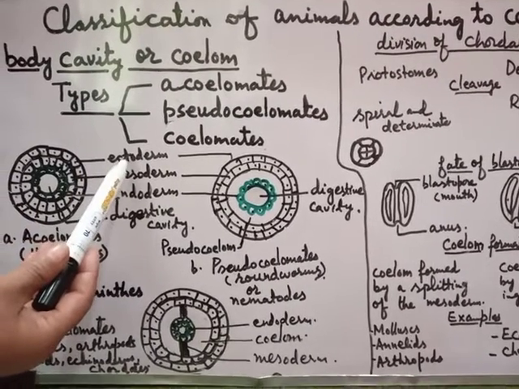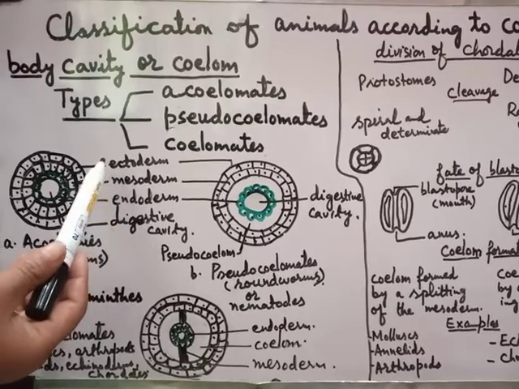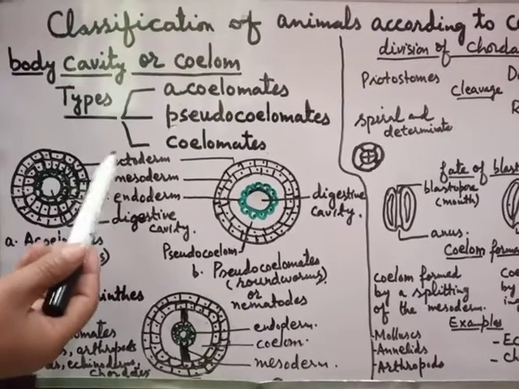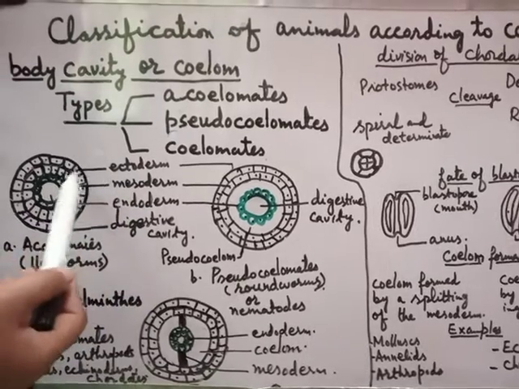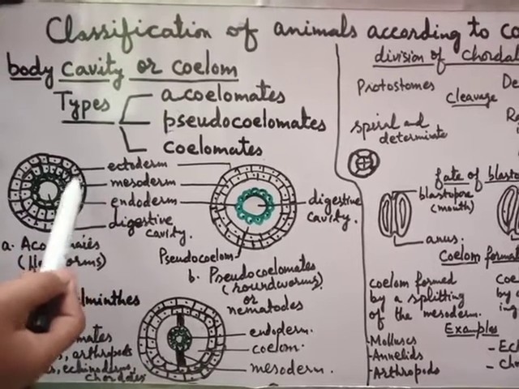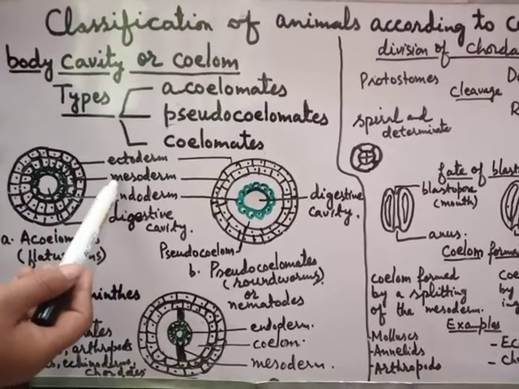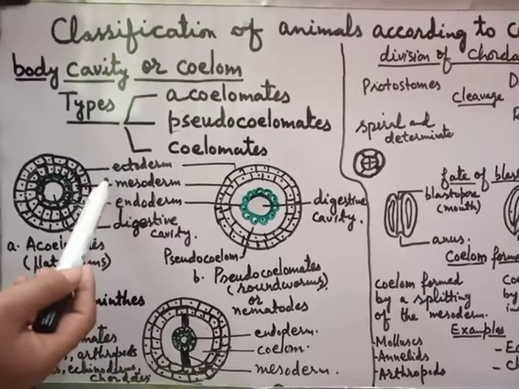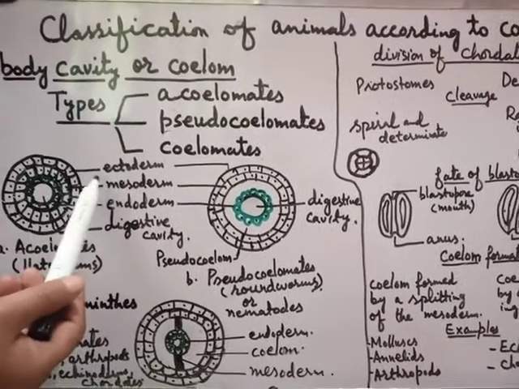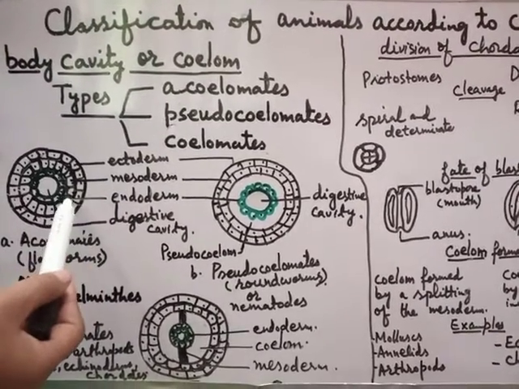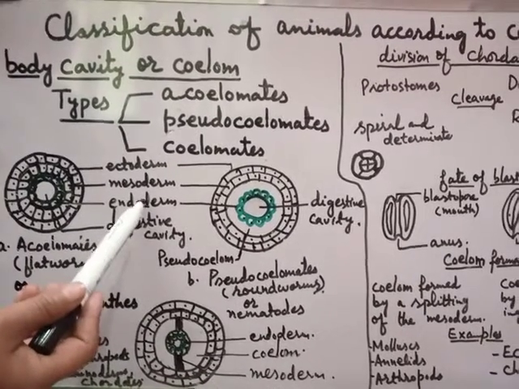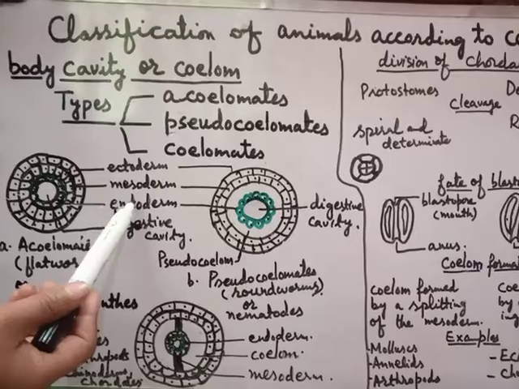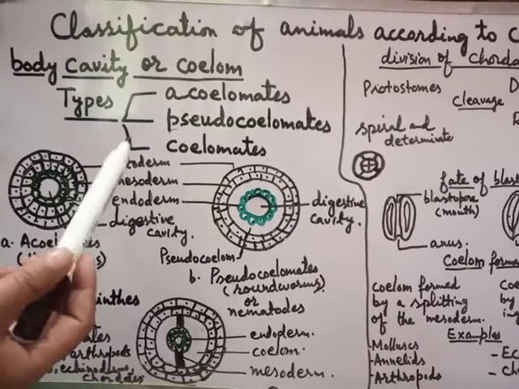The outermost layer is called ectoderm, which is involved in the formation of the nervous system, skin, etc. later on. And mesoderm is involved in the formation of muscles and skeleton, while endoderm is involved in the formation of the digestive system, reproductive system, excretory system, etc.